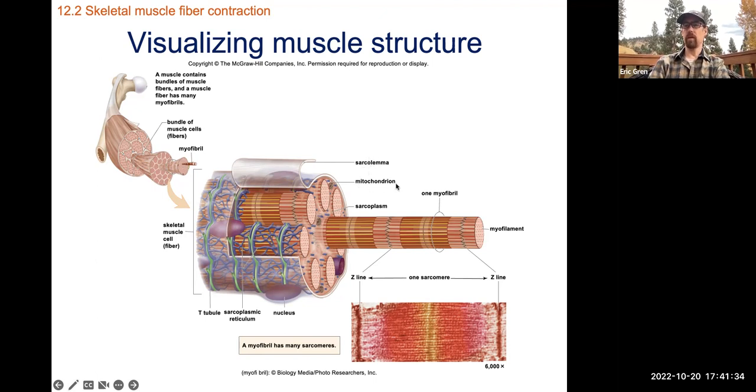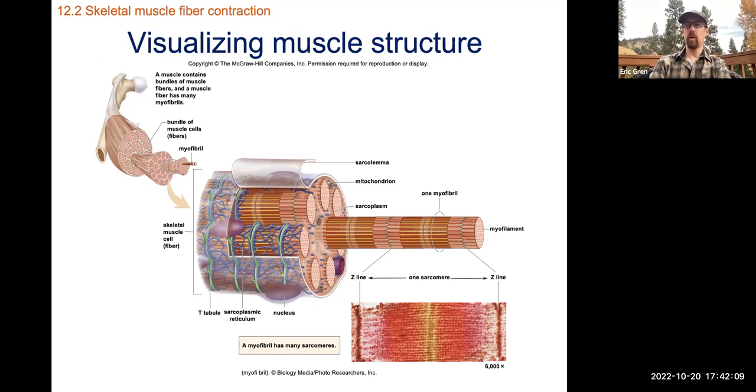We see mitochondria, just like we saw in other types of cells. We see endoplasmic reticula, which has a special name here in the muscle cell. It's called a sarcoplasmic reticulum, shown in blue here. Endoplasmic reticula in other cells is involved in modifying and packaging proteins that are built by ribosomes. The function of the sarcoplasmic reticula here is a little bit different.